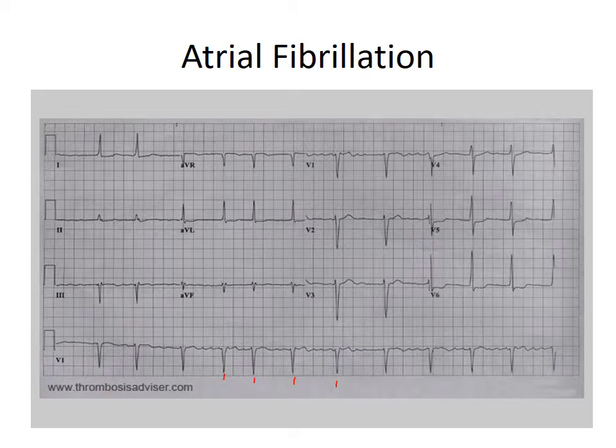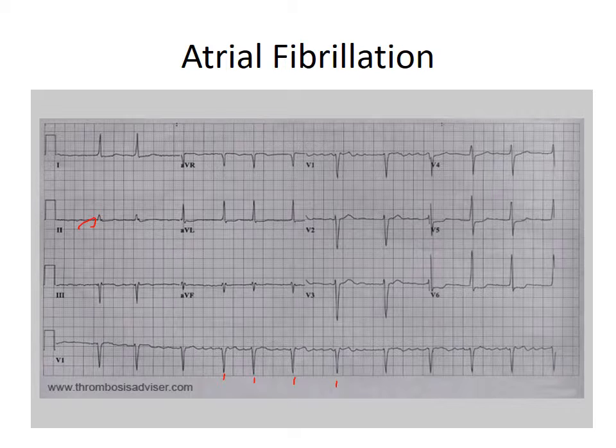Got to think maybe AFib. Are there any P waves before these QRSs? I'll even come up to lead 2, 3, AVF, see if I can see any P waves there, because they're usually easier to see than in lead V1. Do I have P waves? Nope. I have some static kind of stuff, kind of wavy, really light, but no real P waves. So no P waves, irregular. What is it? It's AFib.